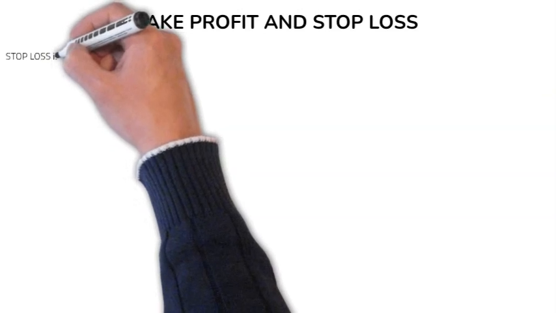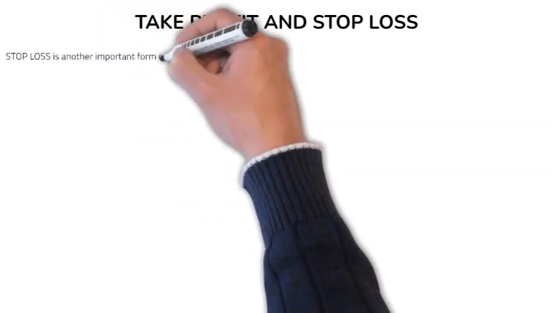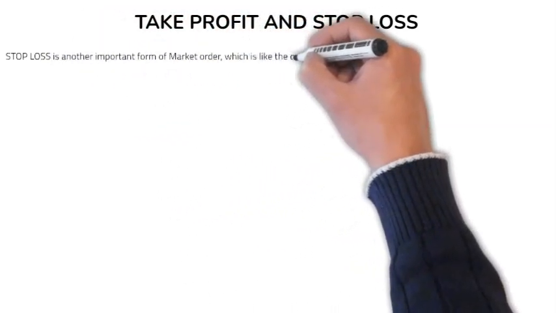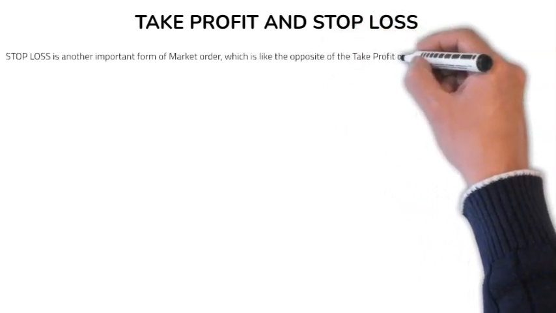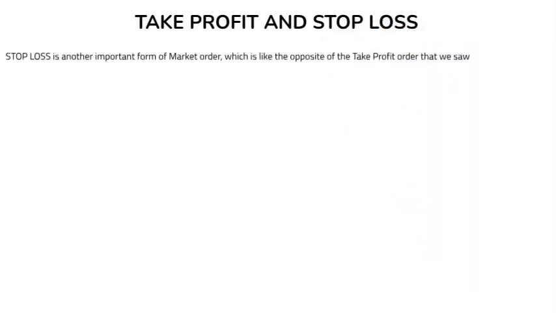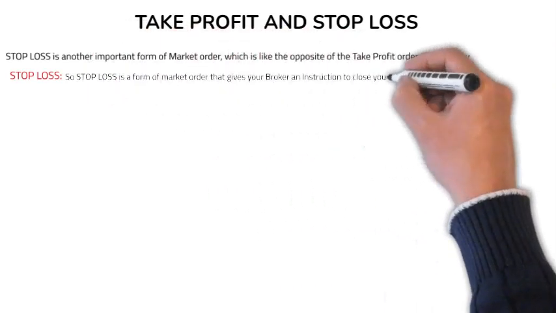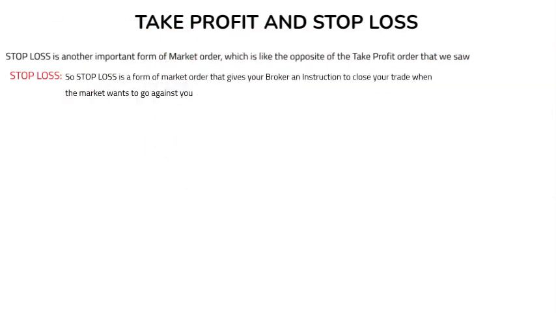Stop loss is another important form of market order, which is like the opposite of the take profit order that we saw. In this scenario, you are giving your broker an instruction to close your trade when the market wants to go against you.